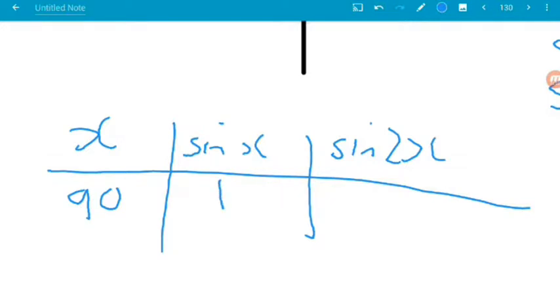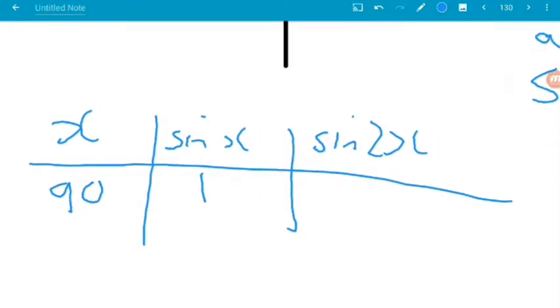But sine of 2x is actually sine of 180, and sine of 180 is equal to 0. So it's making our sine values happen twice as fast because we are doubling the value of x. Okay, let's look at another one.